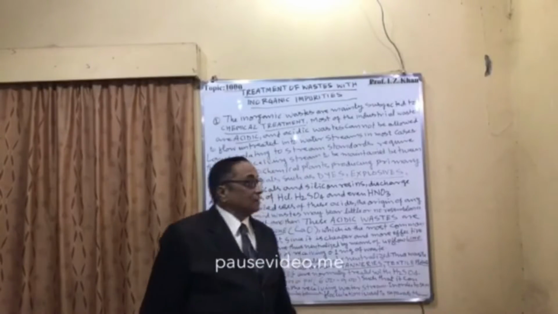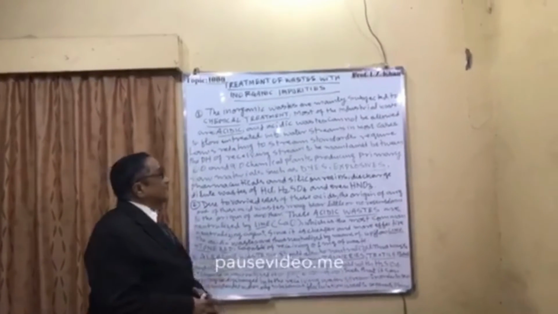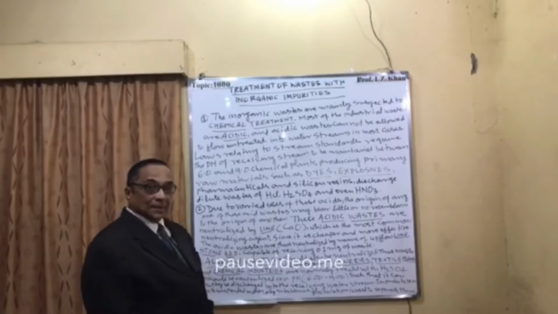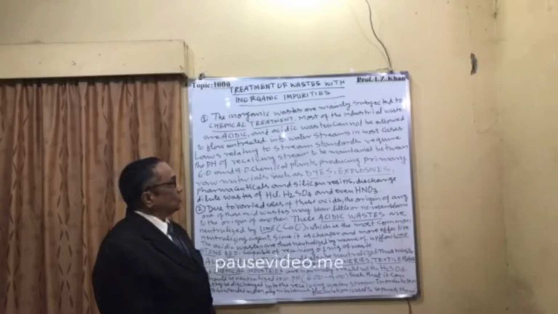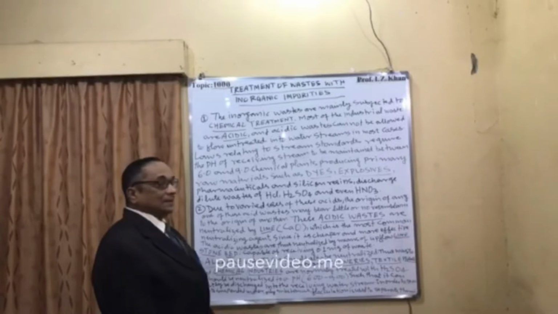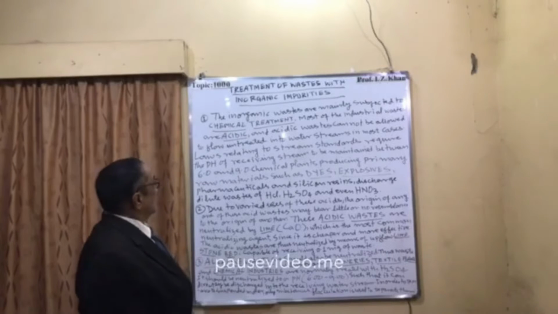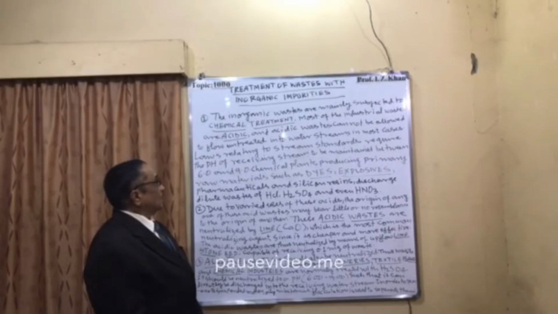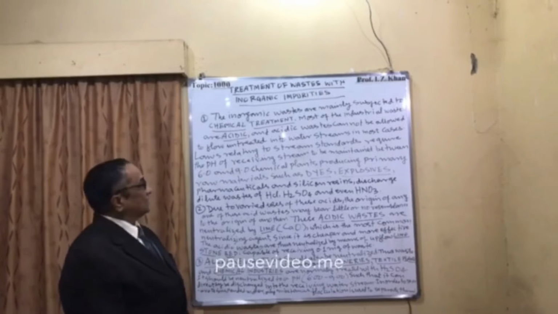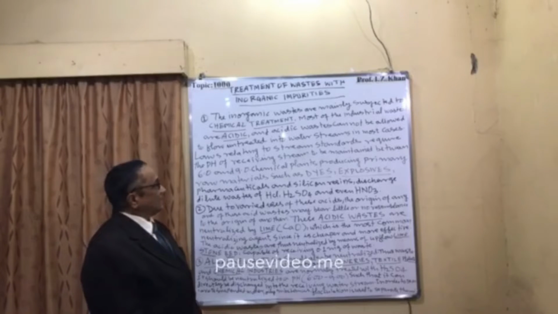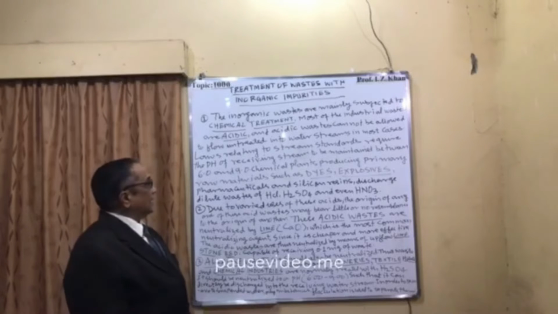So here number one, the inorganic wastes are mainly subjected to chemical treatment, and most of the industrial wastes are acidic, and acidic waste cannot be allowed to flow untreated into the water stream. In most of the cases, laws relating to stream standards are required.